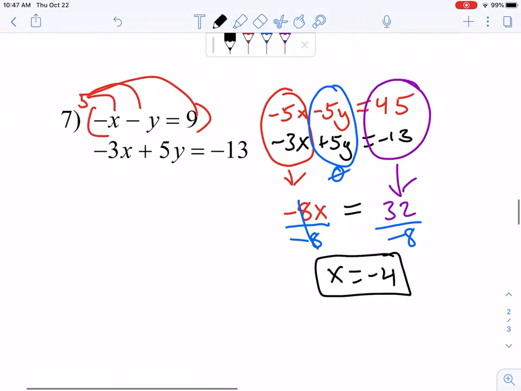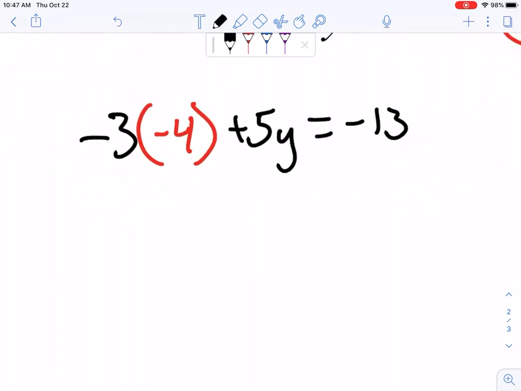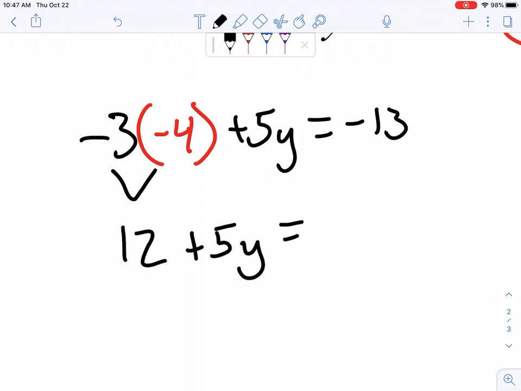Now that we know what x equals, we can go back and solve for y. I'm going to use my bottom equation. So I'm going to say negative 3 times negative 4. I'm replacing for x this time, plus 5y equals negative 13. I'm going to multiply my negative 3 and negative 4 together to get 12 plus 5y equals negative 13.